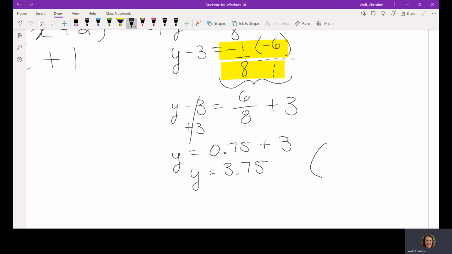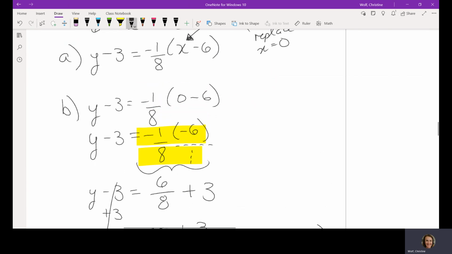I just found out that when I make x 0, y ends up being 3.75. In other words, this is the y-intercept. That's where it crosses the y-axis, because we forced x to be 0. And we know that's going to make it cross the y-axis there. So the y-intercept is 3.75.